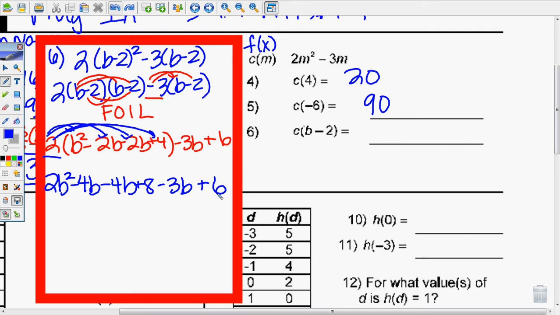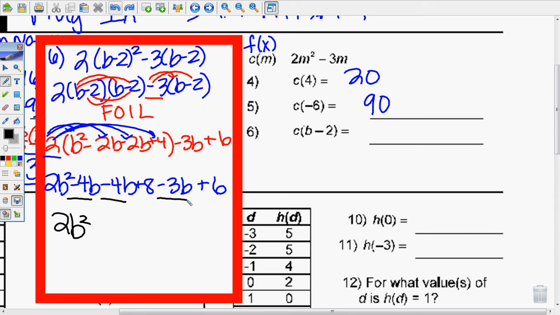Is there any other multiplication or division that needs to take place? No! So we're down to combining like terms. Does 2b squared have a friend? Nope. So it stands alone. I have negative 4b, negative 4b, negative 3b. You combine them all.